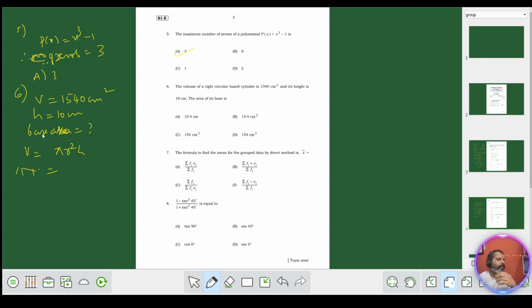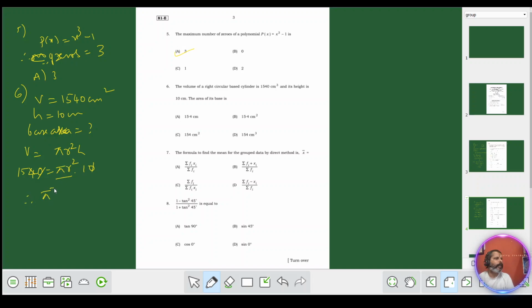So volume is given as 1540. Base area means pi r square, so you have to find pi r square itself. Remember that. 1540 equals pi r square into h, which is 10. So the 0 cancels.